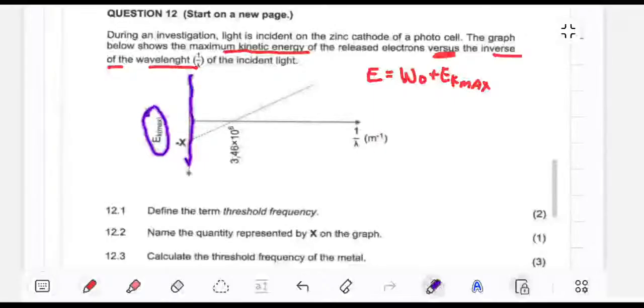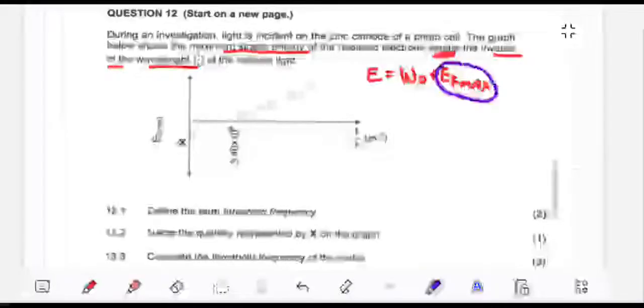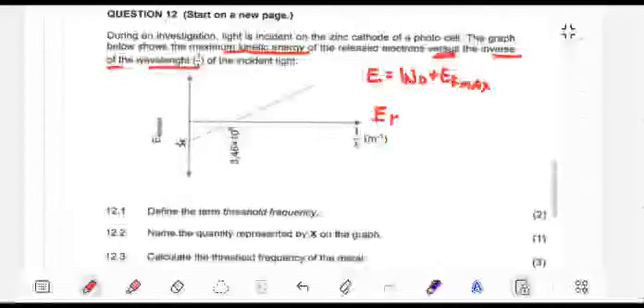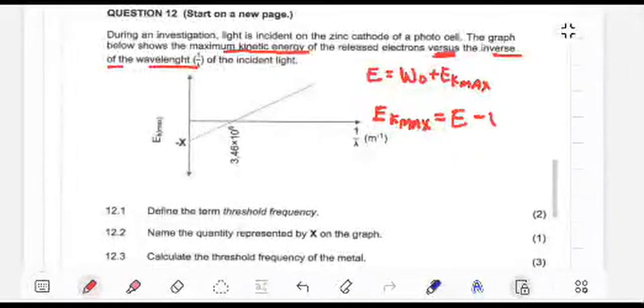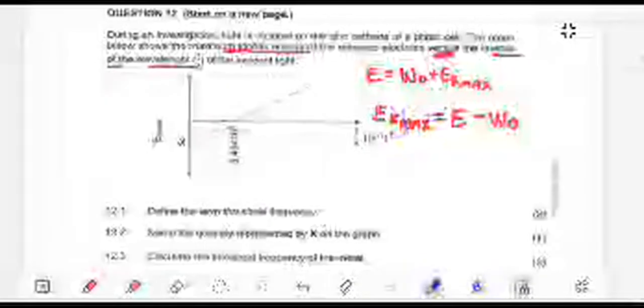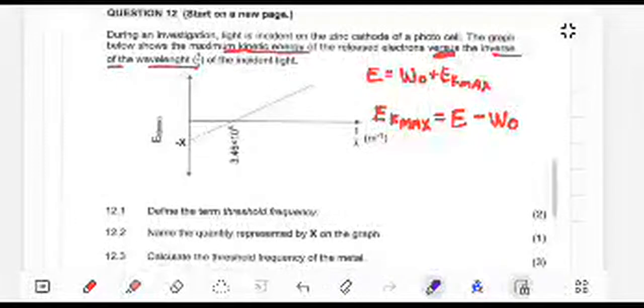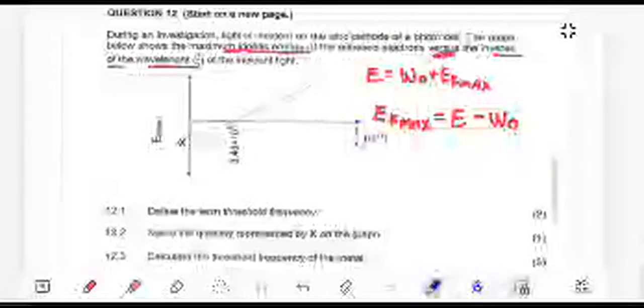So EK max is on the y-axis. I'll start with it: EK max, and go to the other side, it is E minus W. Now, I'm having y equals to something, and along the x-axis I'm having 1 over lambda.